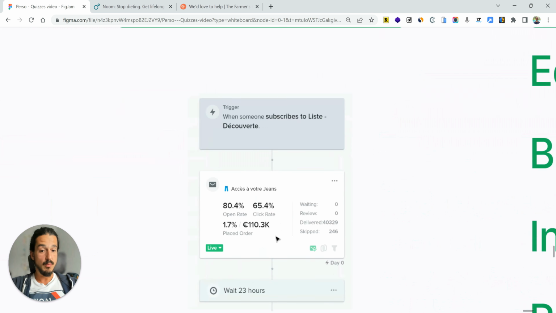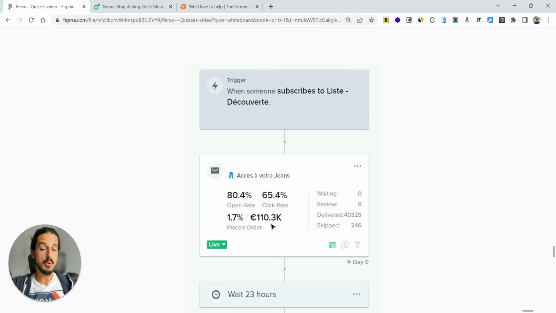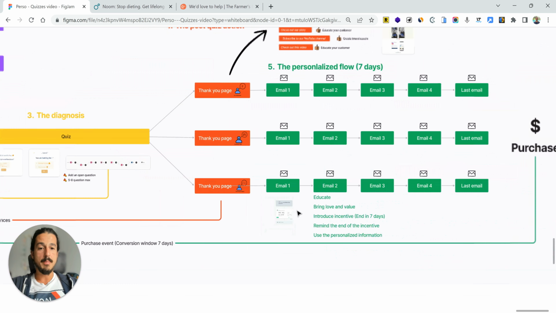And this is where we got the result I was showing to you. So over 40,000 emails delivered with an open rate of 80%. I can tell you that is pretty good for your email algorithm and your spam score. And most people would also buy here on the very first email.